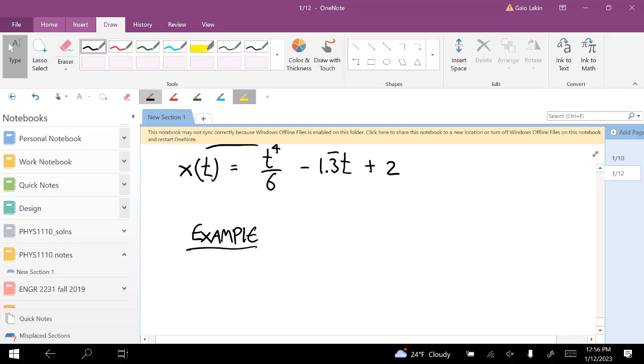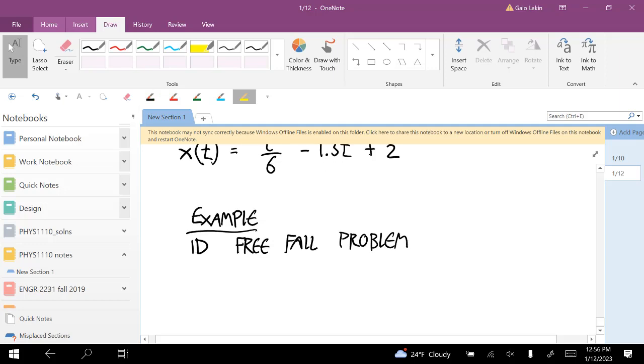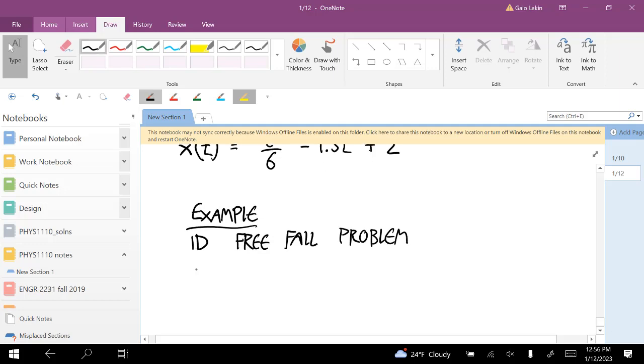Okay, so let's say that we're given that the acceleration... So let's say this is a one-dimensional free fall problem. And we're going to use the fact that the acceleration is the time derivative of the velocity, and the velocity is the time derivative of the position.